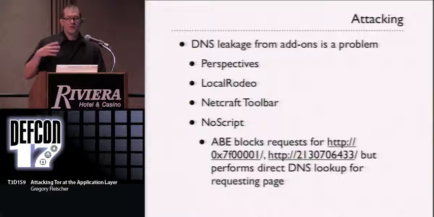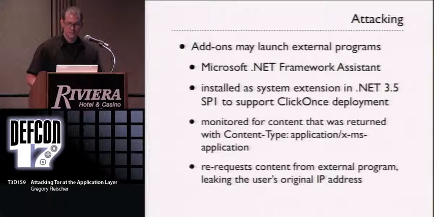So all you need to do is add an image tag that requests a bogus image from one of these sites, and it'll say, oh, you're trying to go to localhost. Oh, stop, no, bad. Oh, where are you coming from? And it goes out and does a DNS lookup. So right there, it's leaking your DNS information. And this appears to be, like I mentioned, Firefox 3.5 seems to have problems with all extensions that I could tell, but this is actually still effective in Firefox 3. So I'm not sure what the deal is there, but that's something to be concerned about.